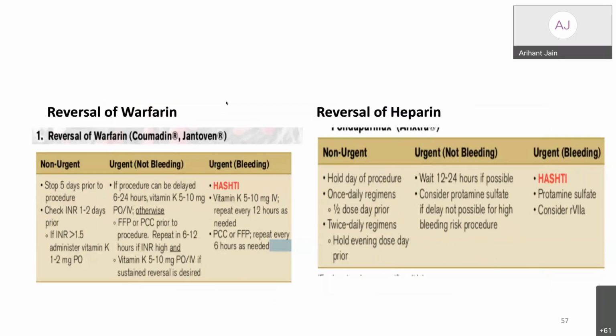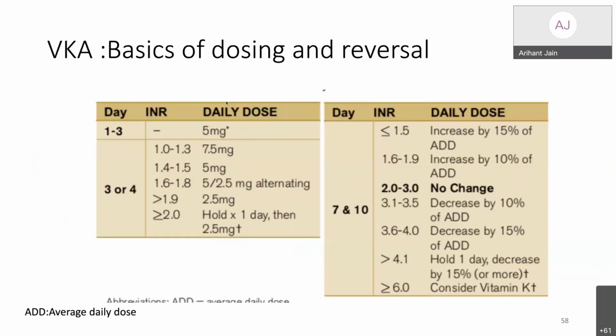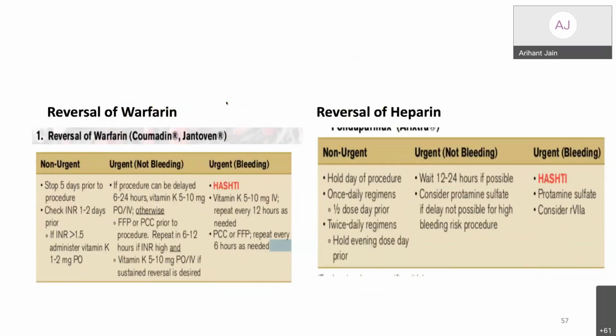Someone is saying an insect. So it is derived from fish sperm. Okay, salmon. So protamine sulfate, but if it is significant bleeding, you can even give recombinant NovoSeven, recombinant factor 7A.